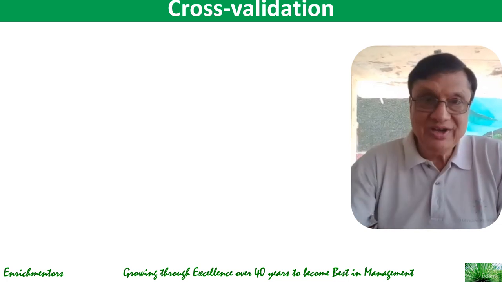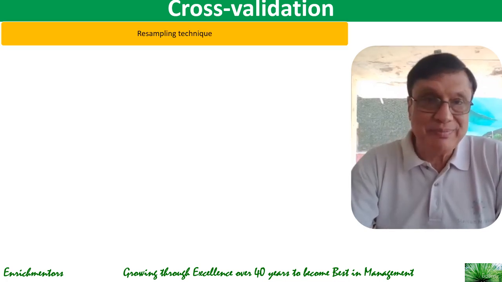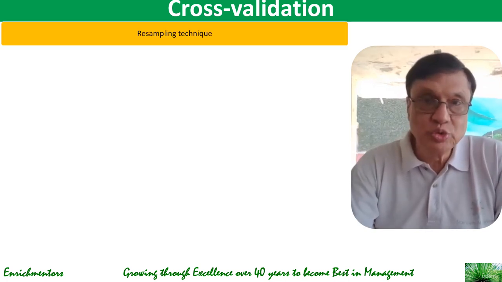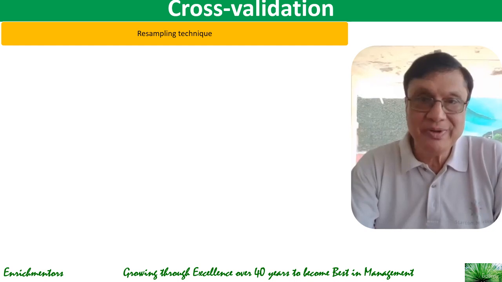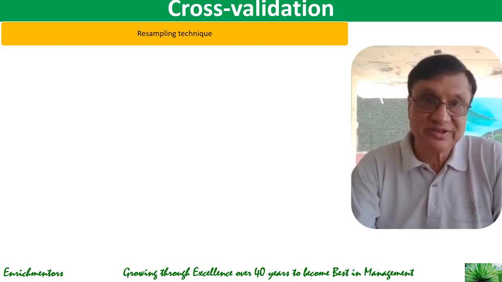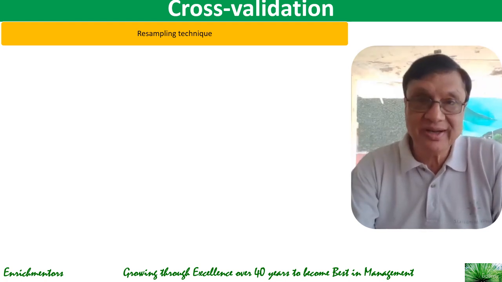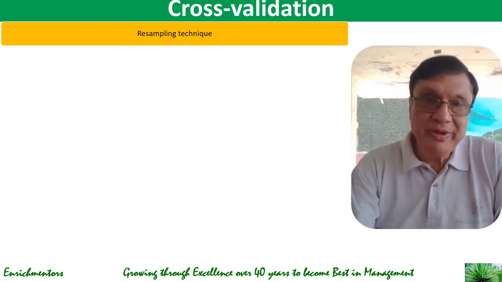So cross-validation is a resampling technique that is used to assess how well a predictive model generalizes to an independent data set. So you have the training data, you have validation data, testing data. Independent of all that, with the new data set, how does this model work? So that's what cross-validation is. And what does it involve?